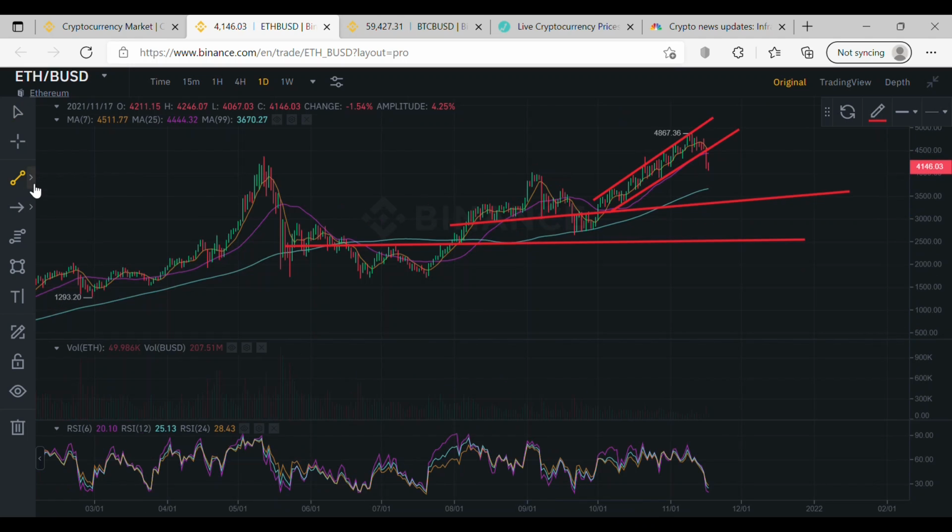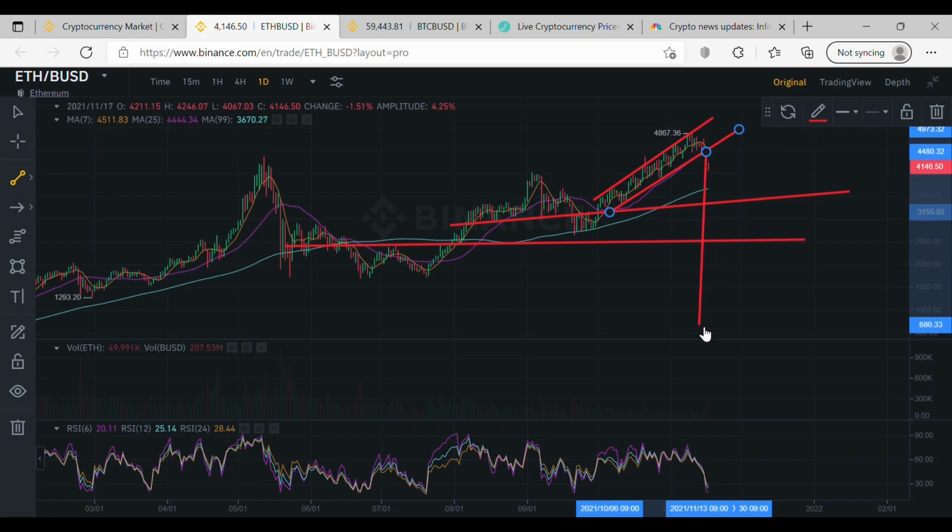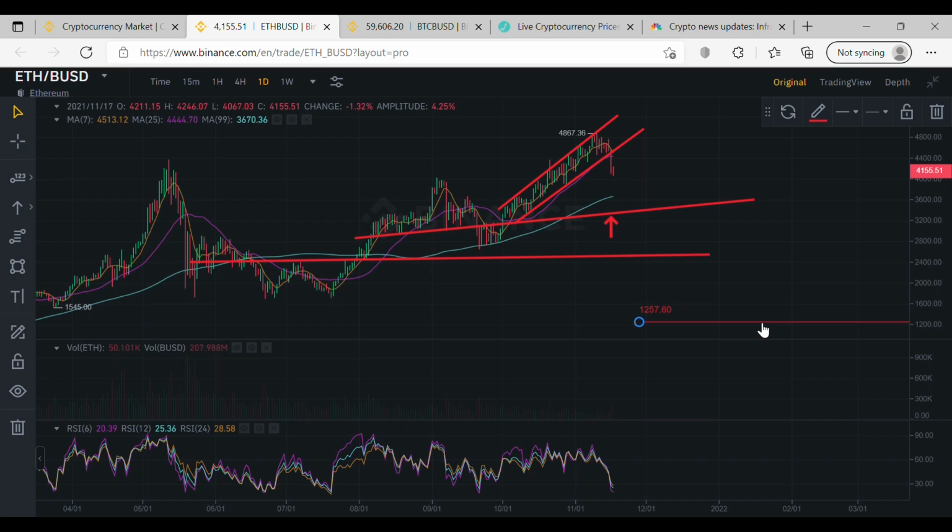So if we project this line down from here, it will cross this neckline, which has become another support for this price movement, since it broke up here and formed the ascending channel. So how should we approach this?